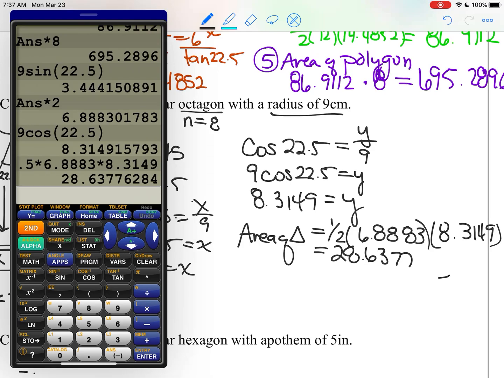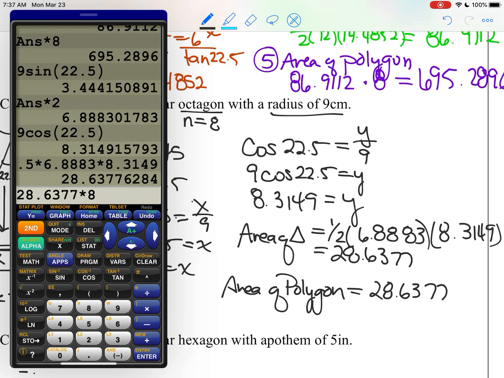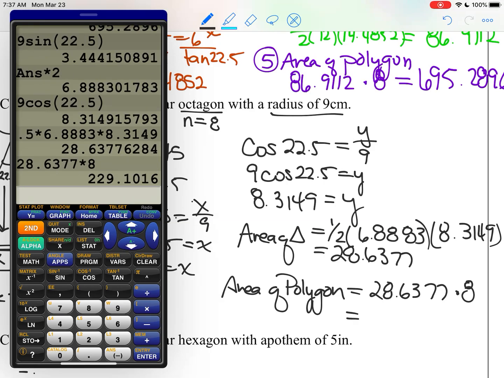And then to find the area of the polygon, equals, take that 28.6377 times the number of sides. And that's 229.1016. Alright, so there is the area of that polygon.